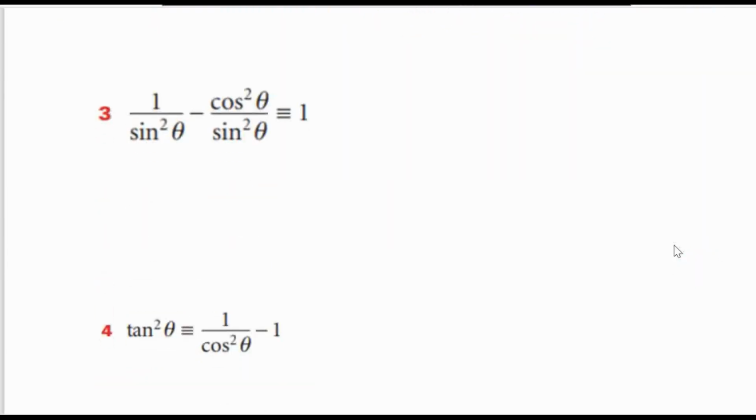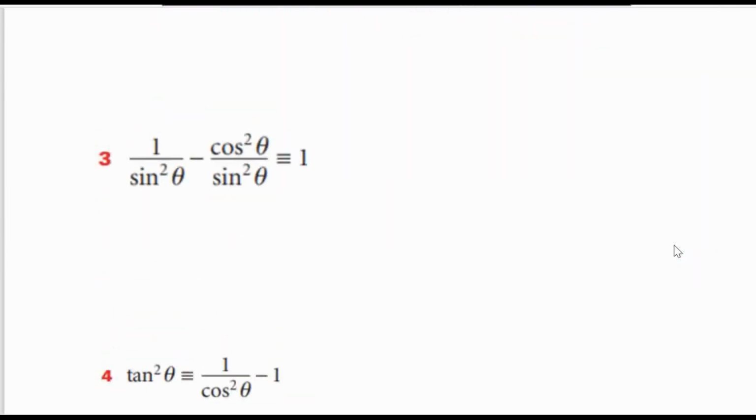Let's move to the third part, 1 minus sine square theta. Now what we have to do is we can take the LCM. Here again we have to take the right hand side. If we take the right hand side and take the LCM, we can see that the denominator is same, so we can take the LCM like this.